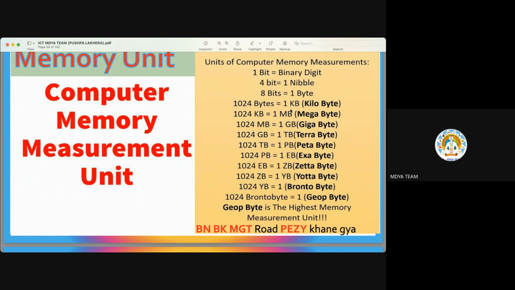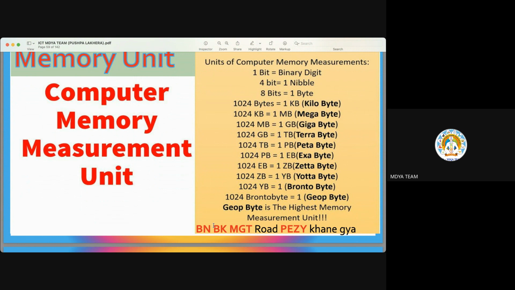Increase it again and it will be 1 gigabyte, then 1 terabyte, then 1 petabyte, 1 exabyte, then 1 zettabyte. Then 1 yottabyte, and the largest one is geopbyte. Geopbyte is the highest memory measurement unit.